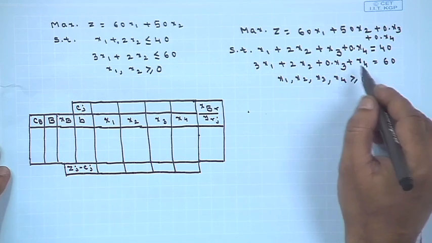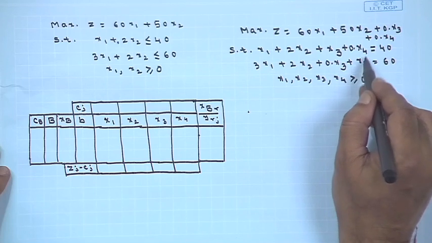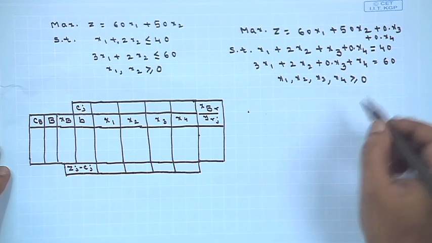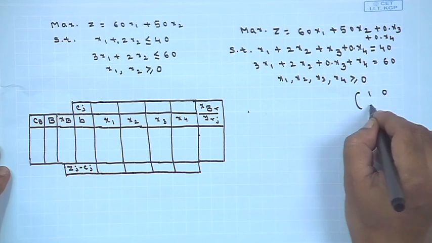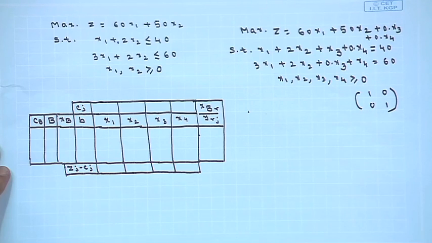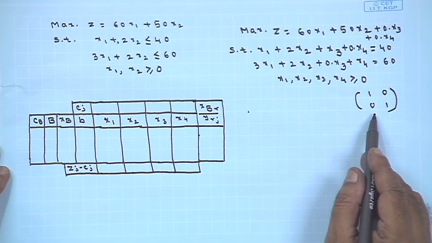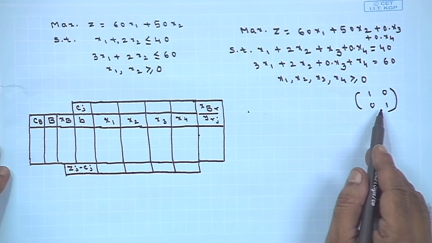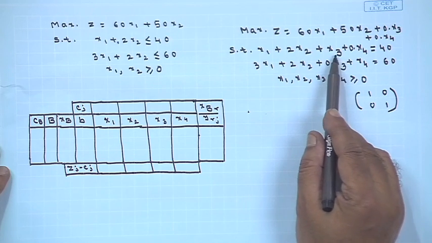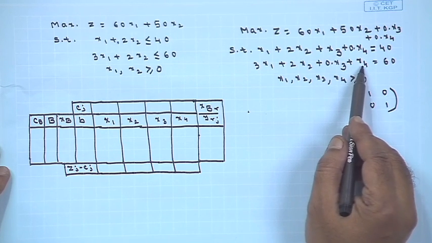If you note this particular portion, this side, this is forming one linearly independent set of vectors, because a unit vector will always be that. So, what are the variables associated here? x3 and x4.